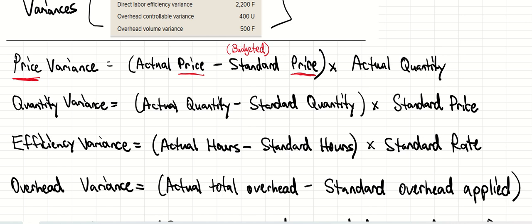Conversely, if the standard price is greater than the actual price, then that's a favorable variance. The reason why is because if you've budgeted more costs than what actually occurred, then hey, that's a good thing. That's a favorable variance.